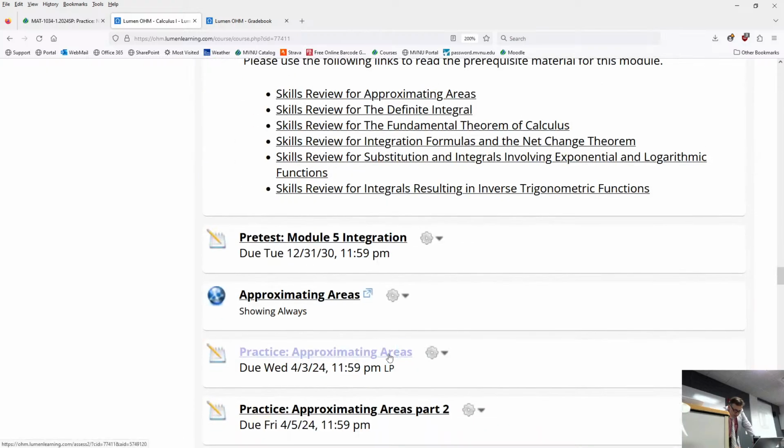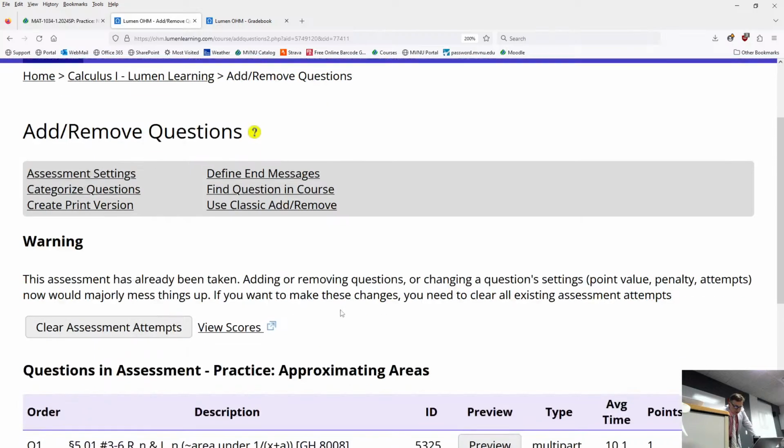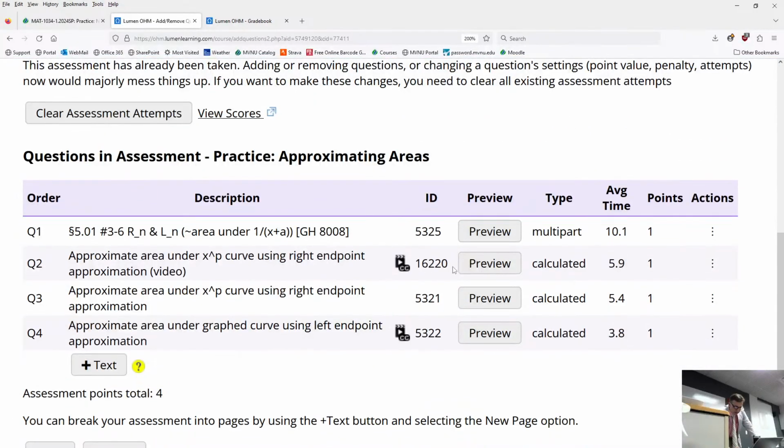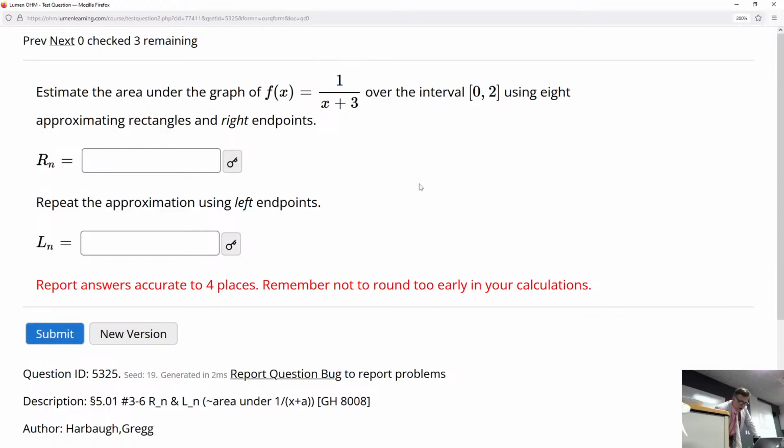Approximating areas, part 1 is due tomorrow. So let's just take a peek real quick and make sure that you understand, because the questions are going to look a little bit different than what we've done, but it's the same idea. The deal here is that they give you a function and they say approximate the area using eight rectangles.